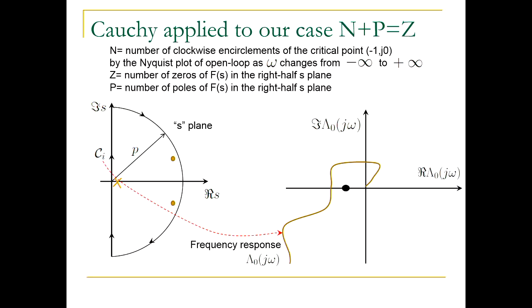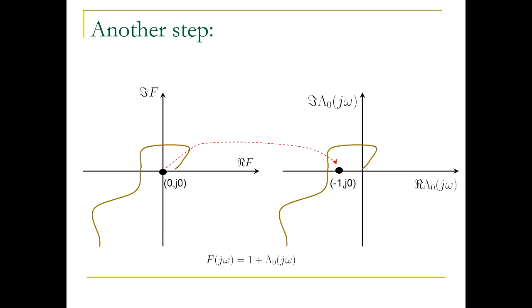So what I'm saying is Cauchy principle applied to our case says that N plus P is Z. So I need to now explain what each of these things are. I will call N the number of clockwise encirclements of the critical point -1 + j0 by the frequency response of lambda 0.